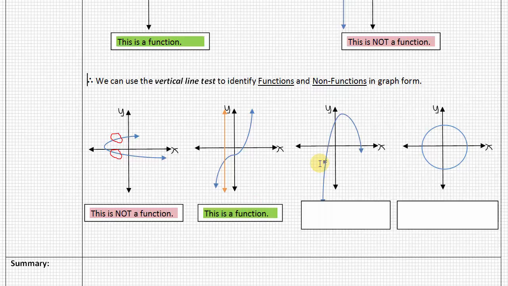Take a look at the last two and decide for yourself. Do you think it's a function or non-function? What do you think? Well, let's give it the vertical line test.